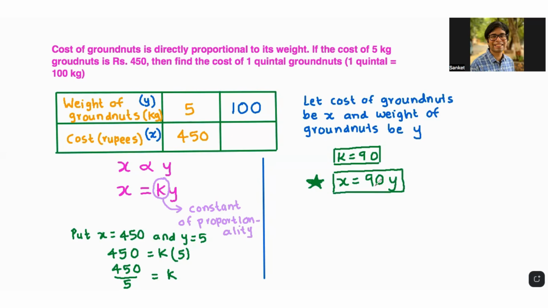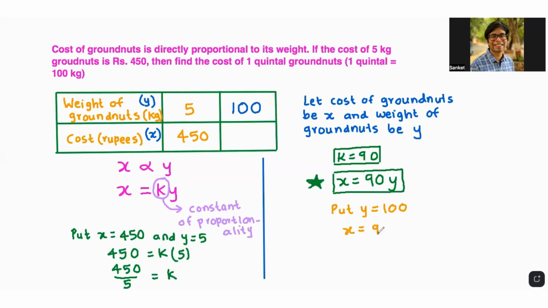If I have any value of y, I can find the value of x. We have a value of y given to us. Weight of groundnuts is 100. I need to find the value of x. So I will put y is equal to 100. I need to find the cost of 100 kg groundnuts.